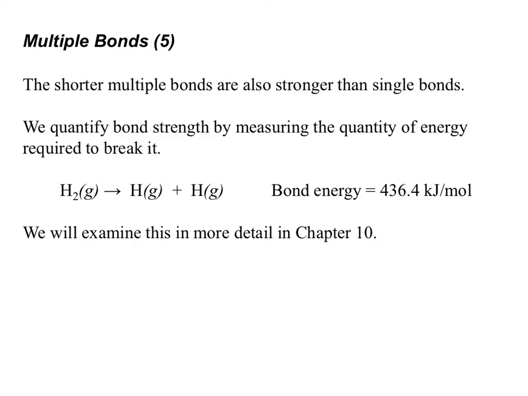But as a brief summary, you should remember that multiple bonds are stronger than single bonds, and multiple bonds are shorter than single bonds, also giving the general trend that the shorter the bond, the stronger it is, and the longer the bond, the weaker it is. It's a nice point of reference.